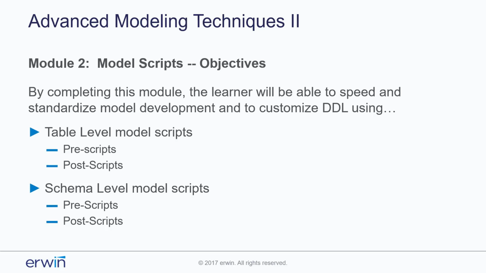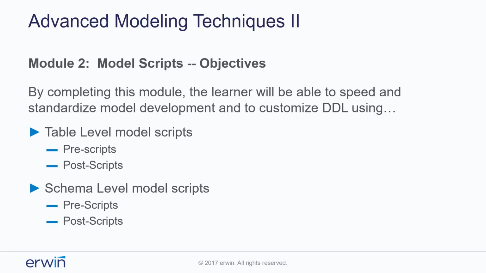We're going to see the terminology prescript and postscript. A prescript is a script that will generate into the DDL before something, and a postscript will generate into the DDL post or after something. A table-level model script targets individual or a subset of the tables. So we would have a table-level prescript that would run before the create table for a particular table or particular group of tables.